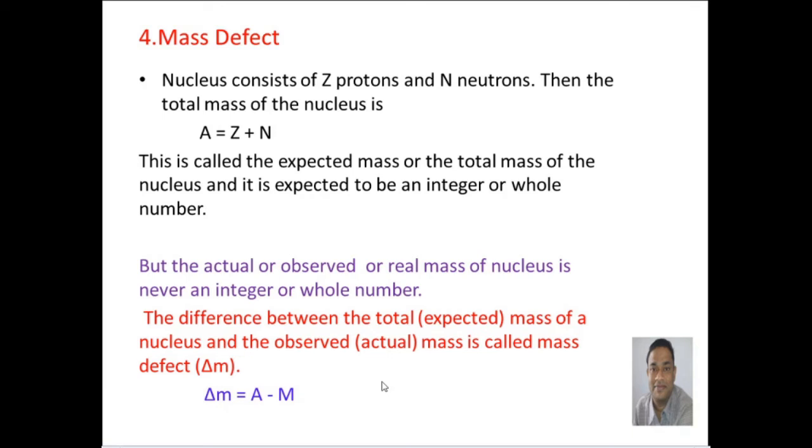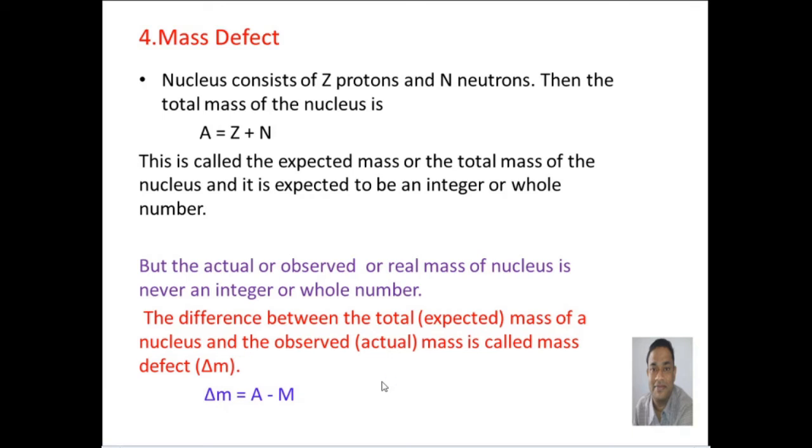So the total mass of the nucleus is expected to be around A = Z + N. This is called the expected mass or the total mass of the nucleus, and it is always expected to be an integer value or a whole number.